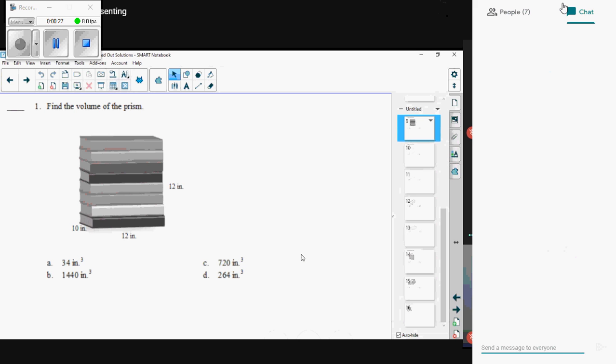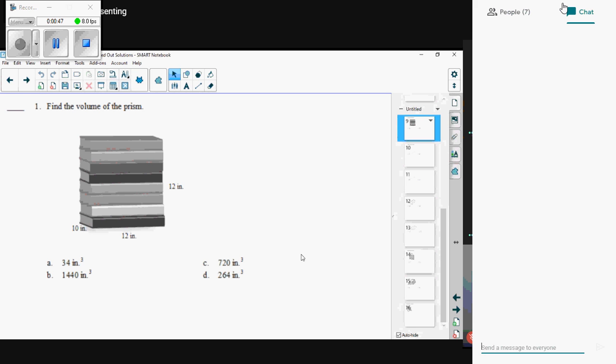Hopefully you guys either watched the video or you came and joined yesterday. We're looking at volume, and hopefully you guys have seen now that volume is simply the number of cubic units that it takes to fill a container.